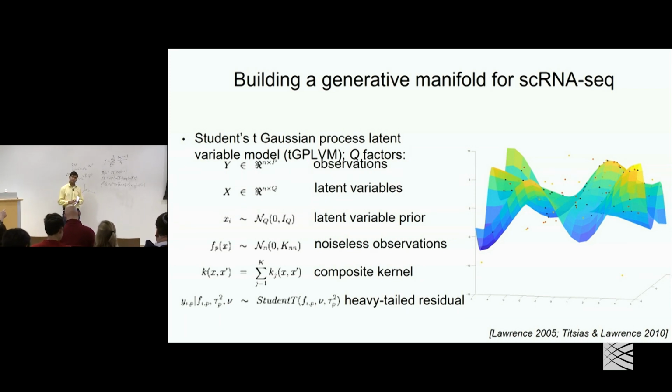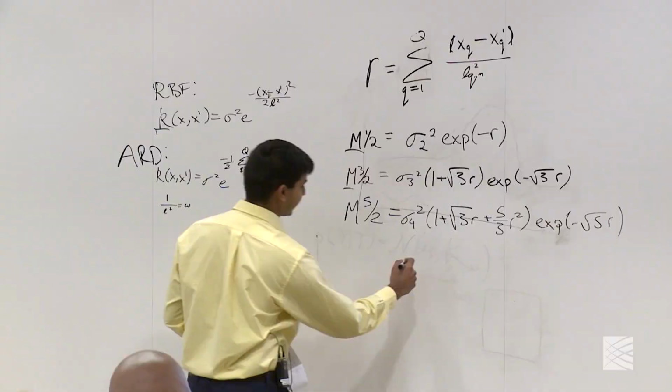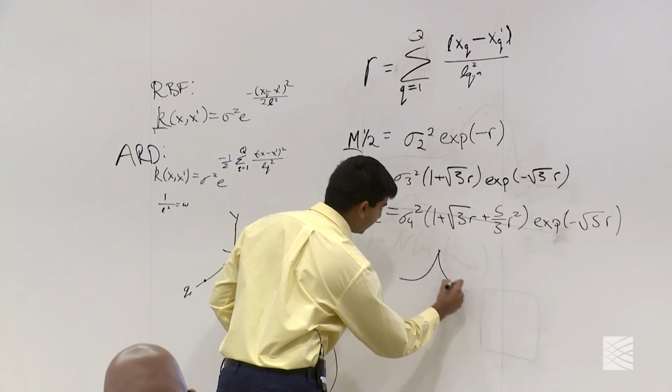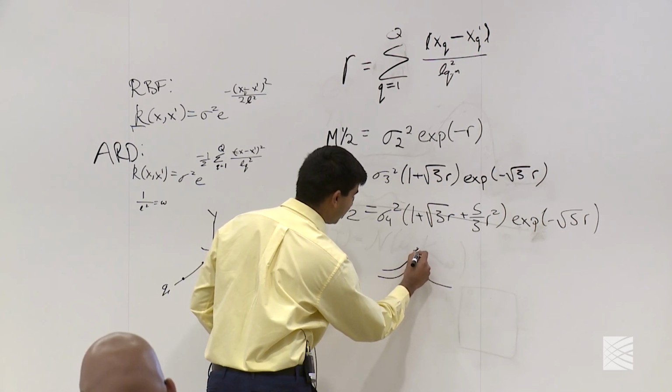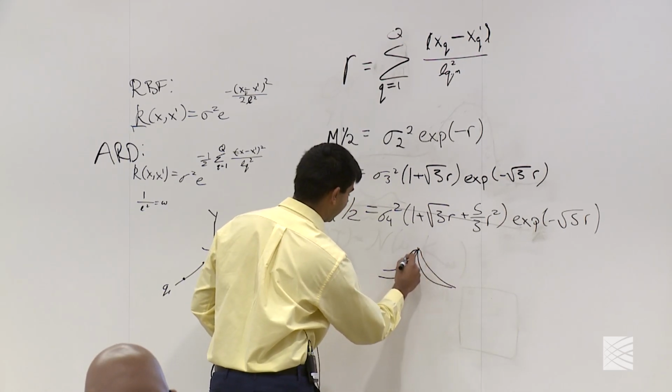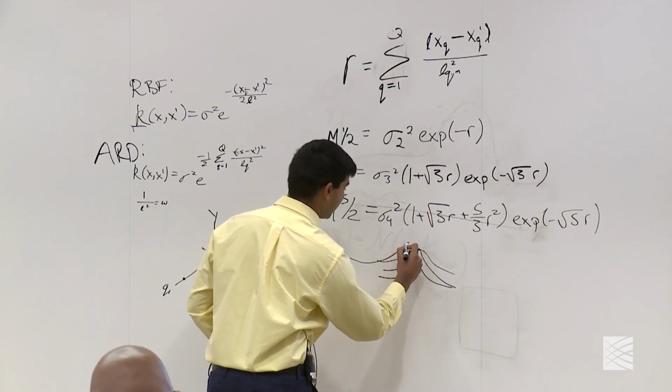What's the difference intuitively between these 3? It's different levels of differentiability and smoothness. Can you draw them as a function of r? They have different spikiness. The 1/2 is like this, the 3/2 is a little bit smoother at the top, the 5/2 is a little bit smoother still, and the Gaussian is totally smooth.